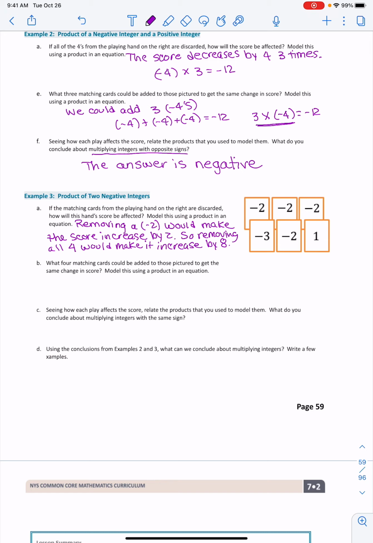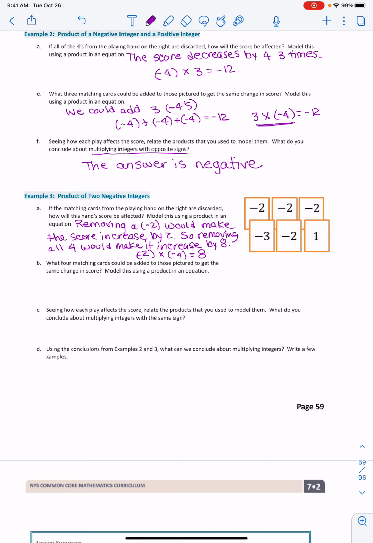In other words, if we removed the 2s and we removed all 4, it would increase by 8.